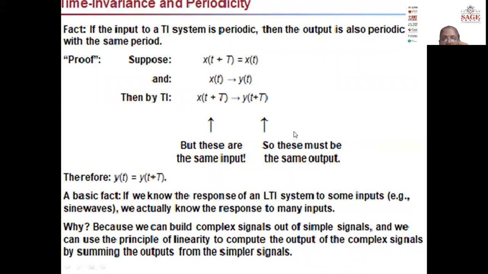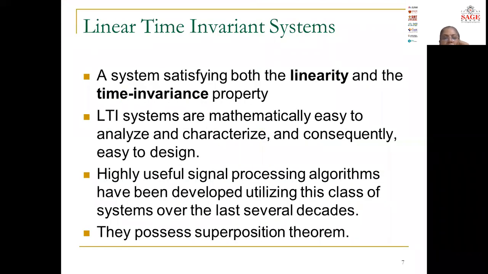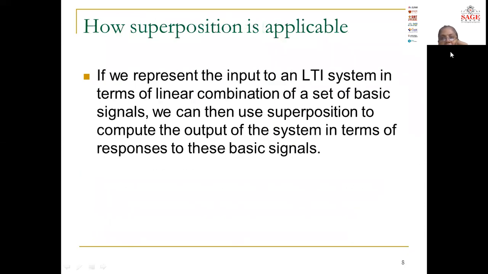A basic fact is that if we know the response of an LTI system to some input, for example, sine waves, we actually know the response to many inputs. Now, our main concern is the linear time invariant system.